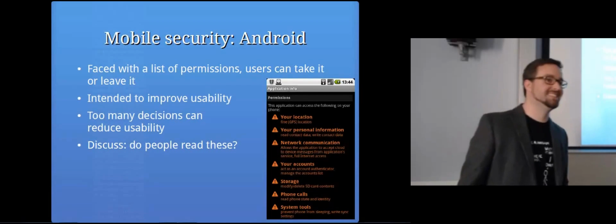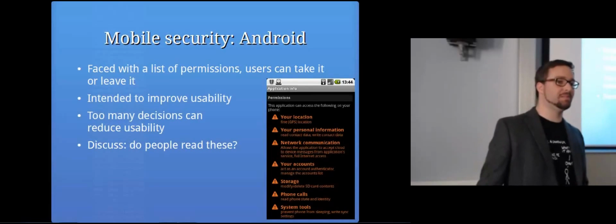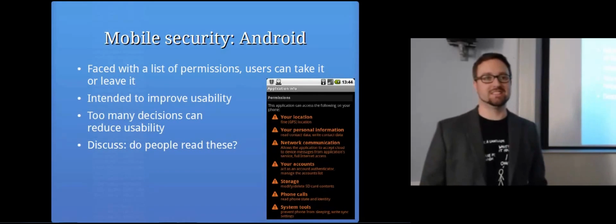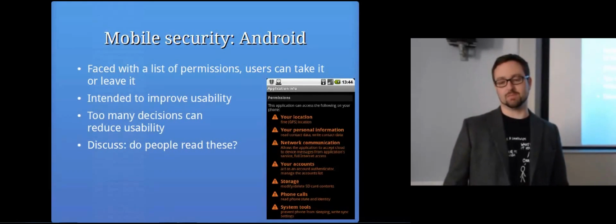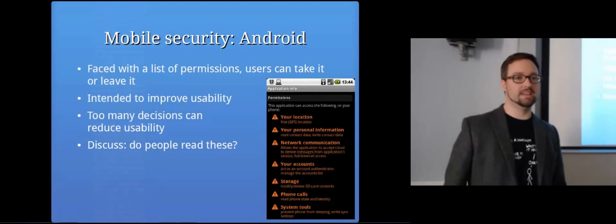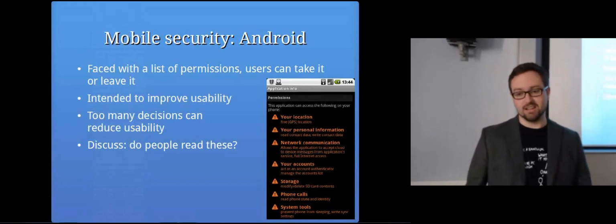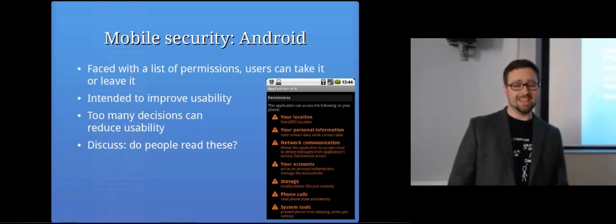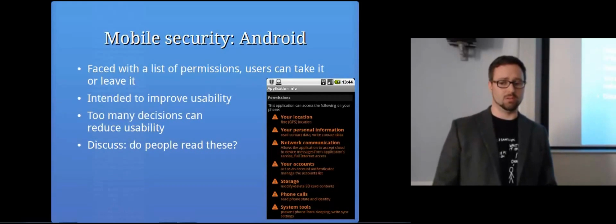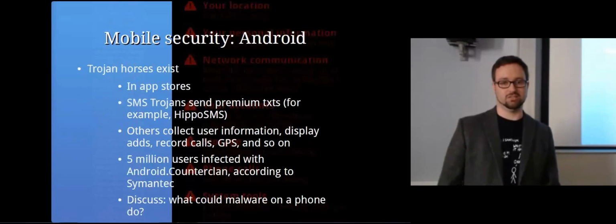Anyone think yes? I'd say probably most don't. So that's definitely a security usability problem, which coincidentally is one of the security questions that we have in our research group that we're looking at for Android security. But yeah, it's definitely a complicated problem, and it's not an ideal solution.